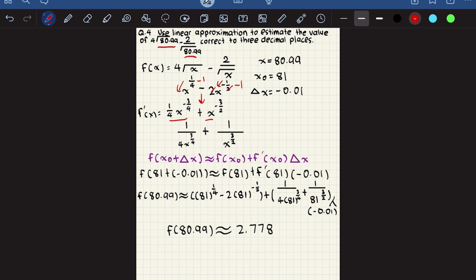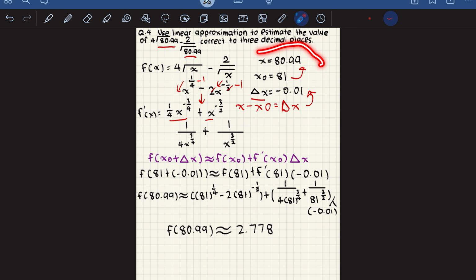Then we need to find our x0, which is 81, because it's the closest value to 80.99. We'll find our delta x by using this formula, x minus x0. Then we will get our delta x, which is negative 0.01.